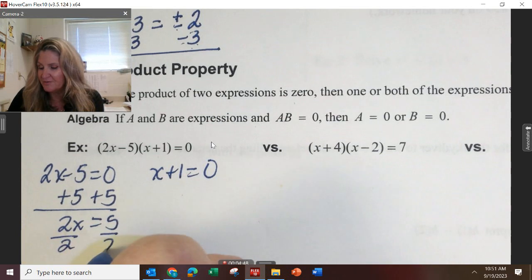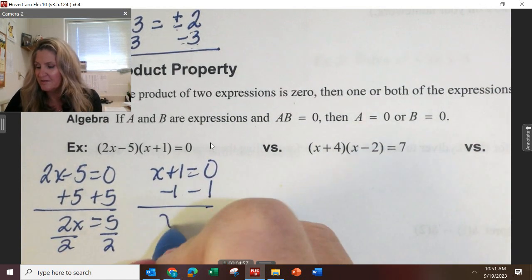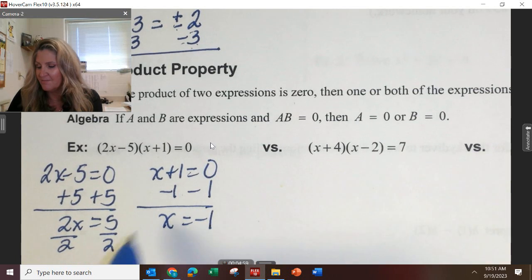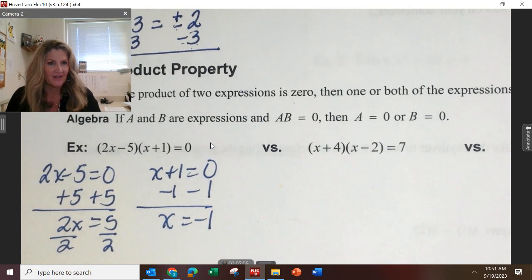Divide by 2. So one of my solutions then is 5 halves. My other solution, I could subtract 1, and I get negative 1. And so my two solutions then are 5/2 and -1. Those are the two values of x that are going to make that true.